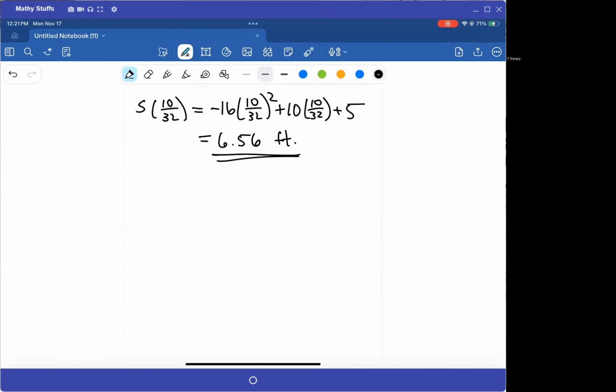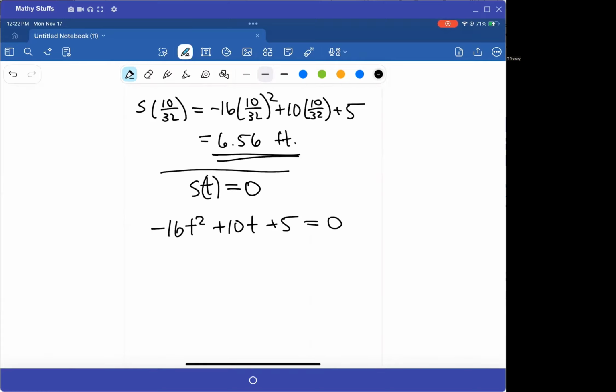Now, when does the ball hit the ground? That is going to happen when S of t is equal to 0. So what we have to do is solve for that. And that turns into negative 16t squared plus 10t plus 5 equals 0.